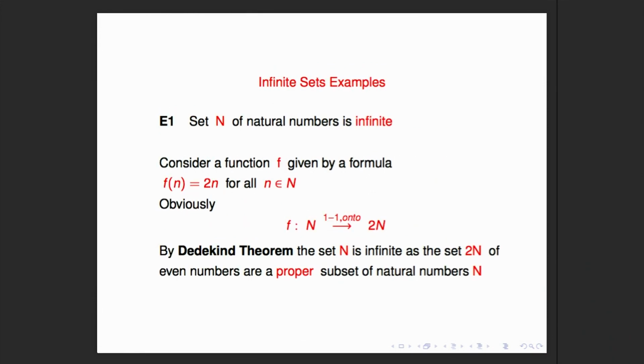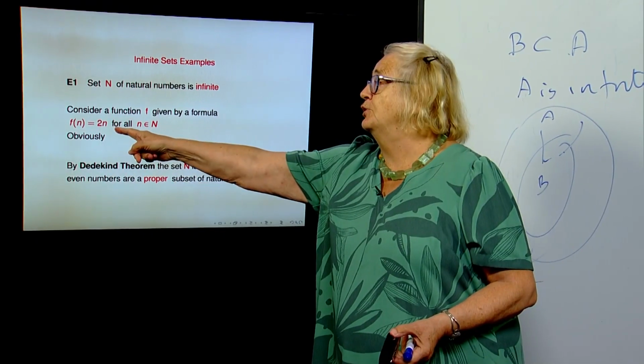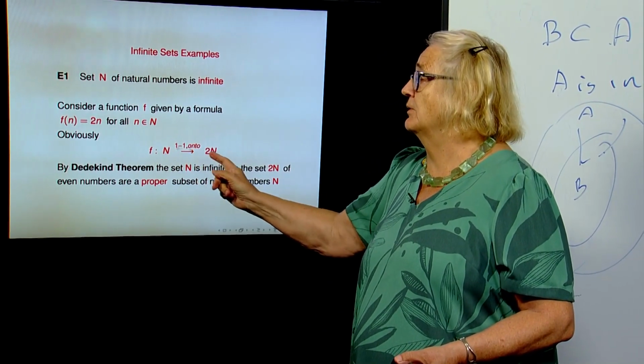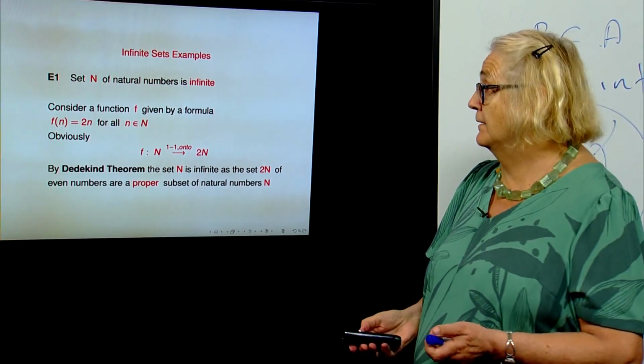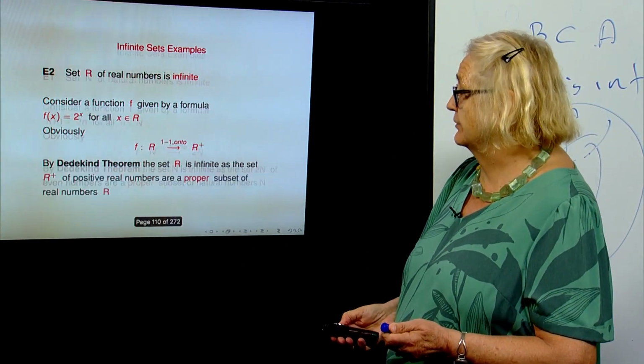So, for example, you can show that the set of natural numbers is infinite because you can have a map f(n) = 2n, which maps n one-to-one into 2n. It means even numbers.